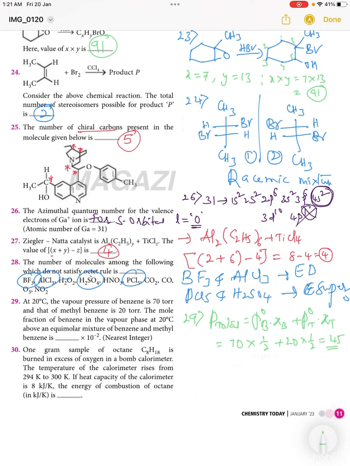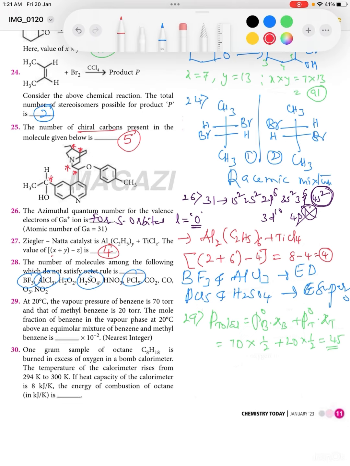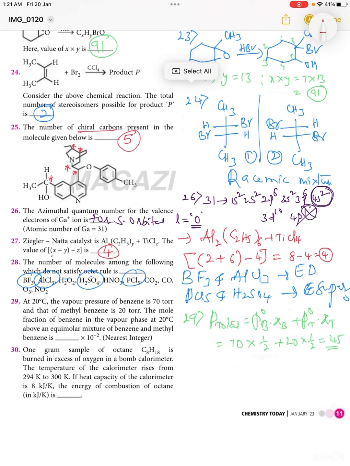Is it clear? Next, and here the partial pressure of benzene is asked. So simply, partial pressure of benzene is equals to total pressure multiplied with the mole fraction of benzene.